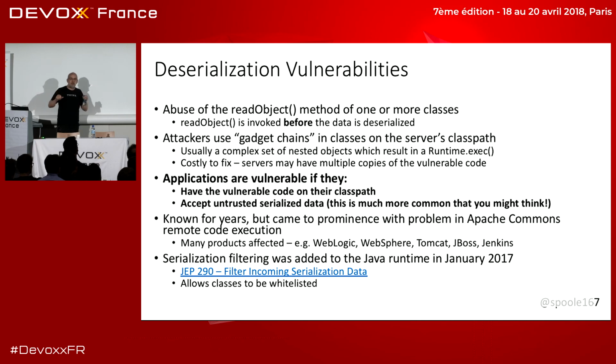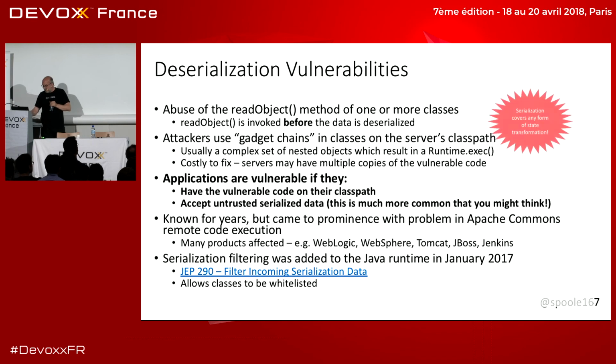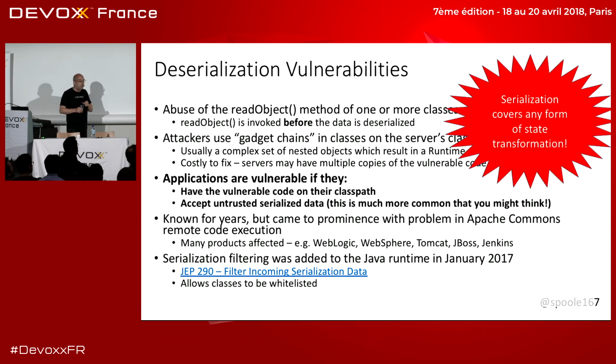You may be thinking of serialization as Java serialization, but actually, it's basically any form. It could be traditional, it could be XML, it could be images. There are all places where data gets converted into complex state within your Java objects. All of those are potentials for getting you to run code.